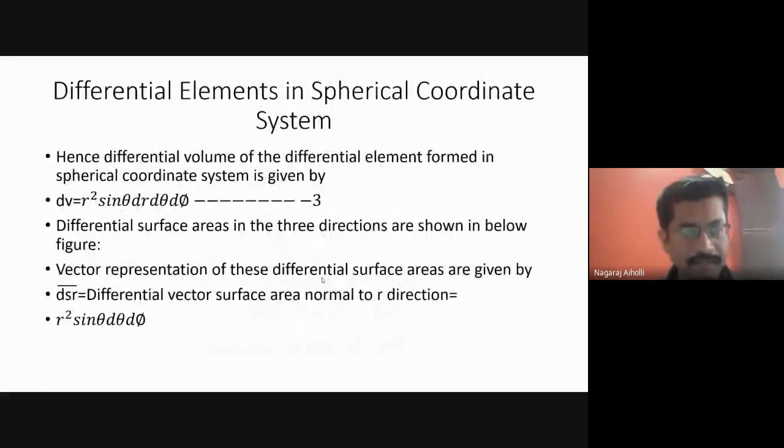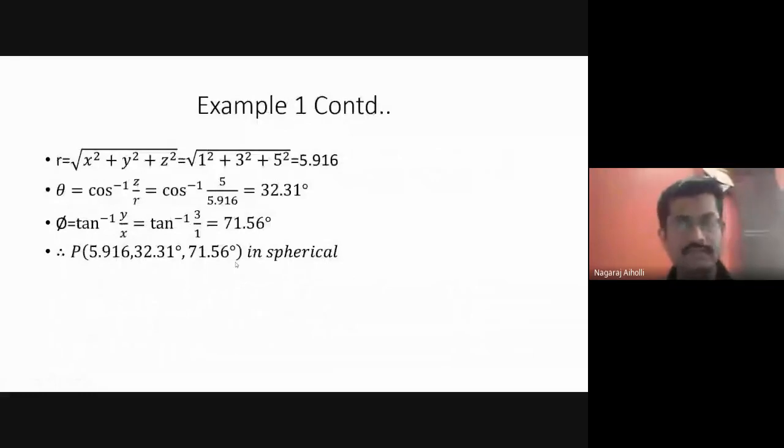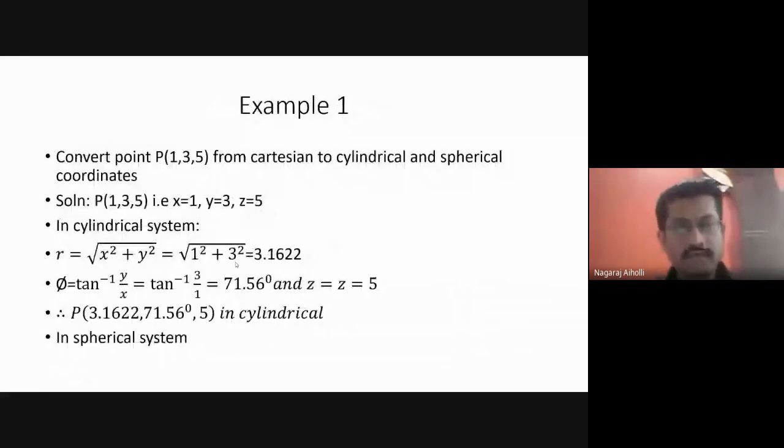The same equations I am using here. r is equal to square root of x square plus y square. x is known, y is known: square root of 1 square plus 3 square. Try to find out this value, students. Take your calculator and calculate.